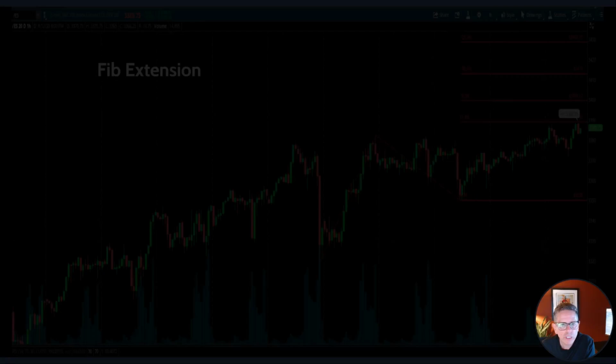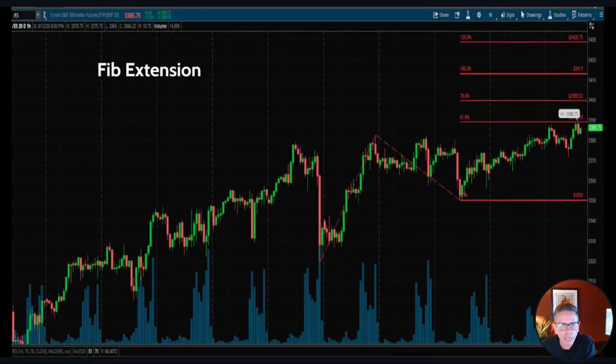Okay, so here's another example of an ABC, and you can see the A, B, C, but it's much higher here, right? So it's a little more dangerous. So you want to have a stop under here, not necessarily in the A area. So you have an A, B, C, and then your extension goes to 100 or 125.